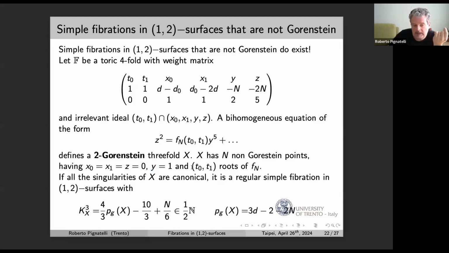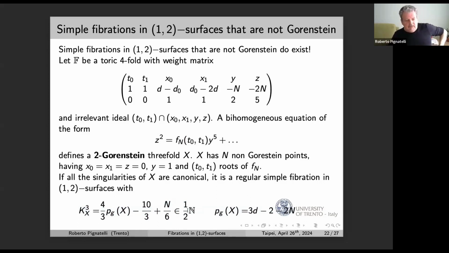And my threefold intersects exactly at the zeros of this polynomial. And so you get, with multiplicity n, singular points of the threefold, which turn out to be 2-Gorenstein, non-Gorenstein singular points. So such a picture has volume 4/3 PG minus 10/3 plus something, which is exactly 1/6 of this number n.